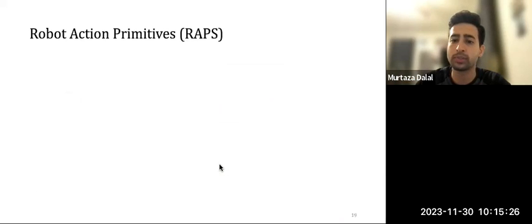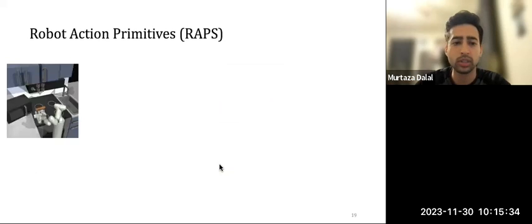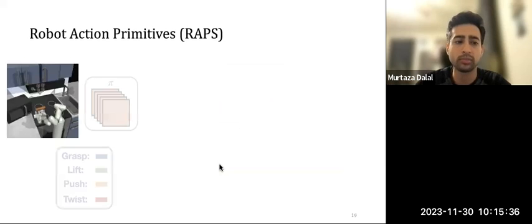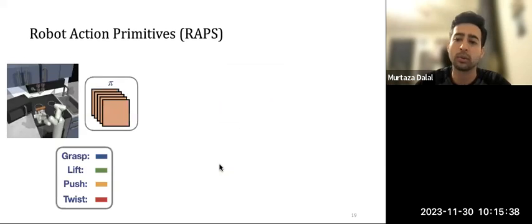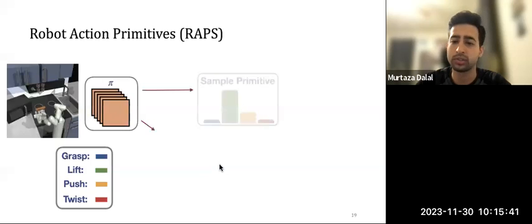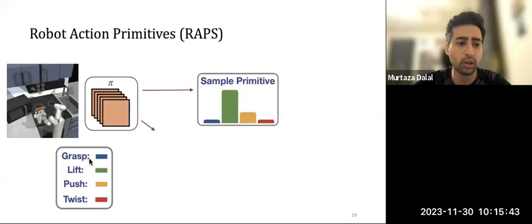So how do we use RAPs in RL? Well, as I said, what we'll do is replace the action space. And the way this is done is that given an input image, we'll train a policy that outputs a categorical distribution over the primitives. And here are an example of 4 different primitives that the robot can execute.